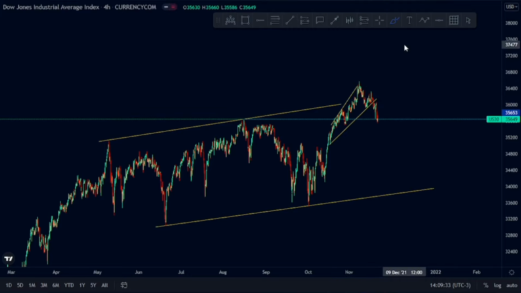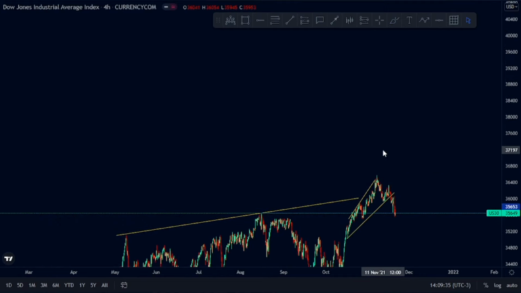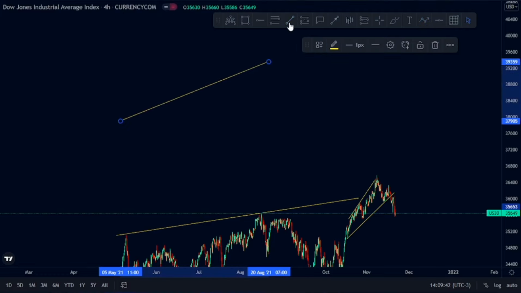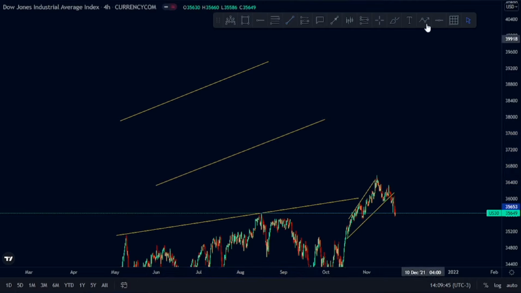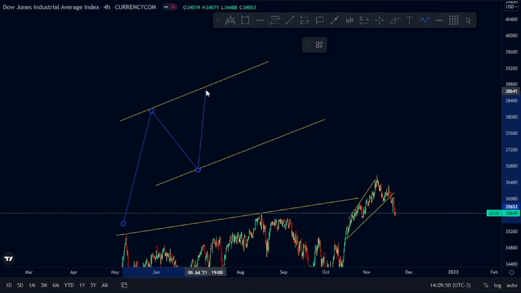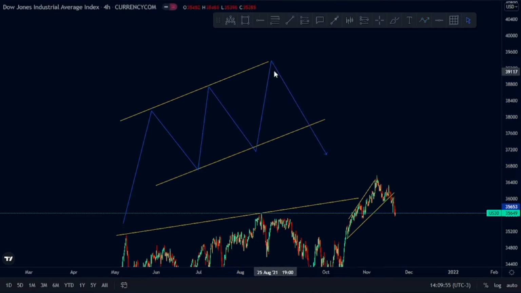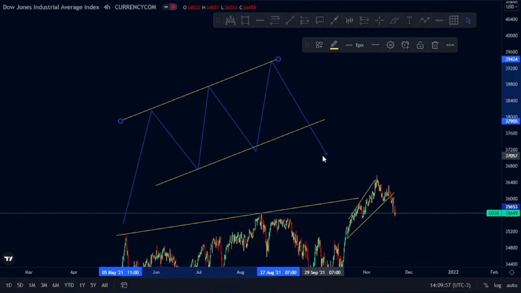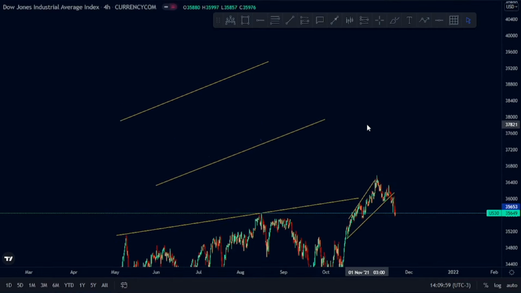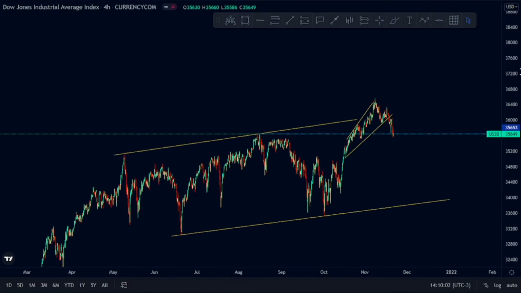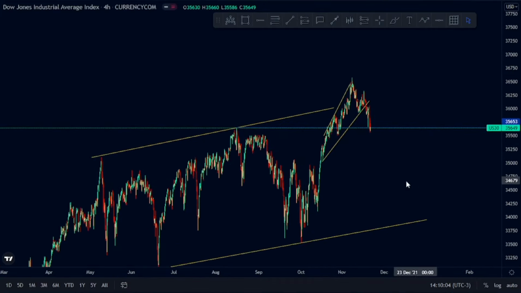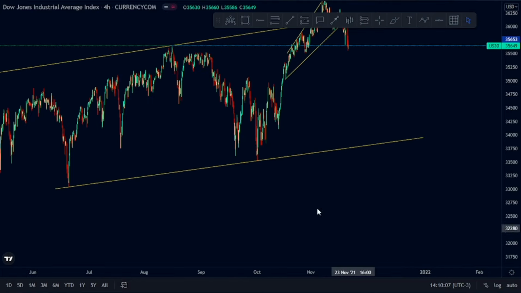Remember, the market won't always give you those perfect dead touches, where you get something like this, push up again, a third touch, then it drops. It doesn't always give you this nature, because this is basically a textbook example. So the market is imperfect. As long as you know the basic principle behind an ascending type of channel, you would know how to react when the market presents it to you.